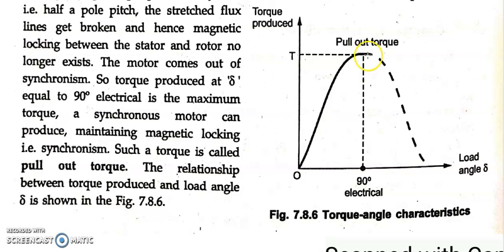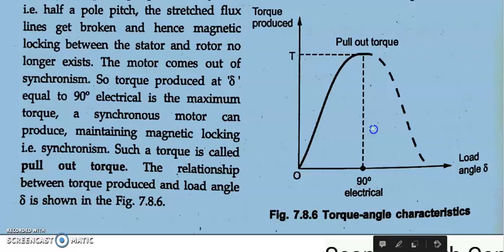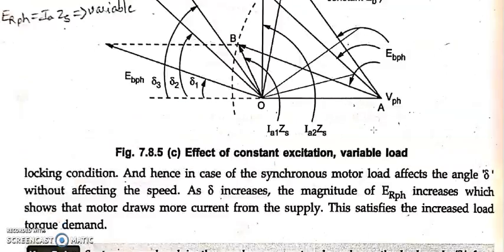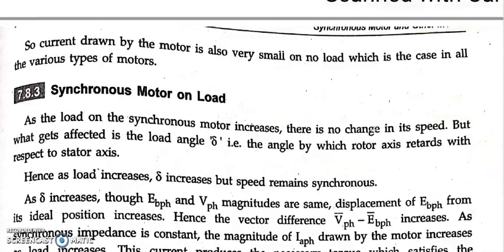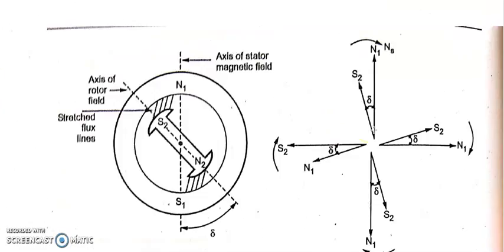Now let us see why the synchronous motor loses its synchronism when the load angle of 90 degrees electrical is reached. For that we shall see our previous diagram. Okay, here it is. See, this is what I was trying to say. This delta will increase as you increase the load.